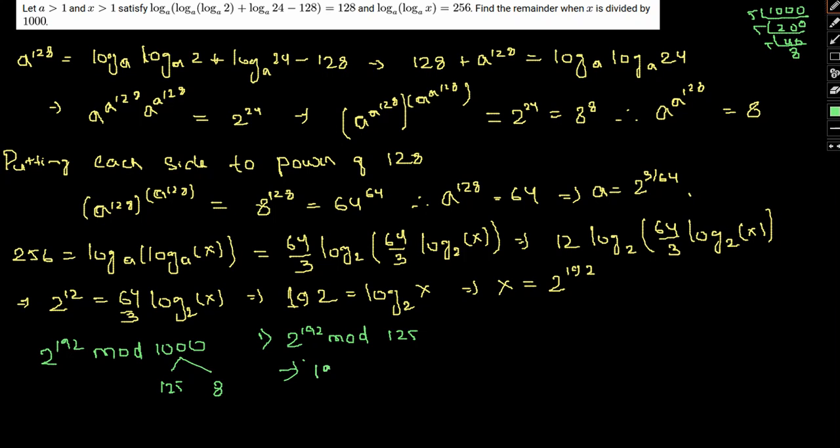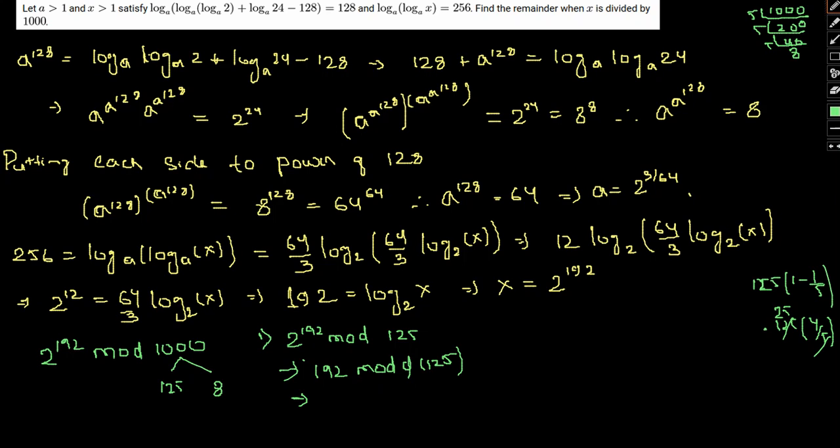So 192 mod Euler of 125. 125 means 5 cubed, so 125 times 1 minus 1 by 5, which is 4 by 5, comes out to be 100.